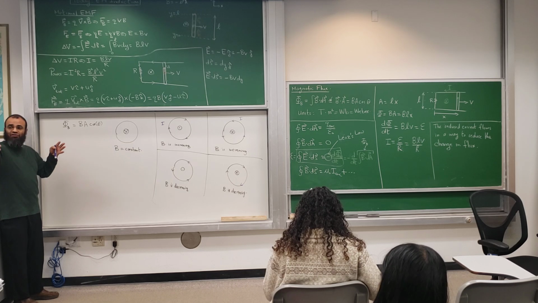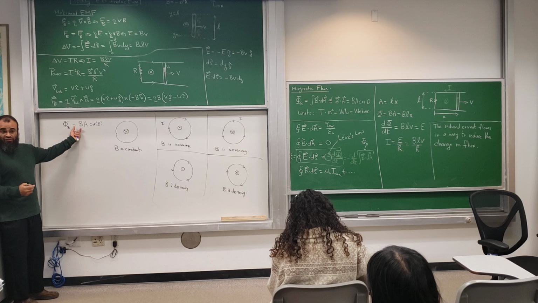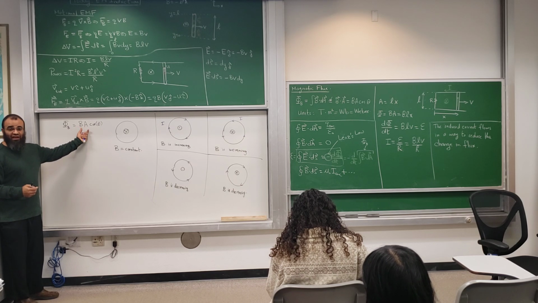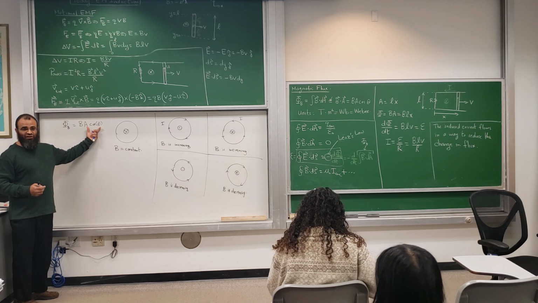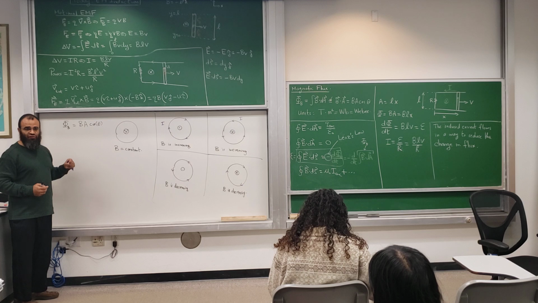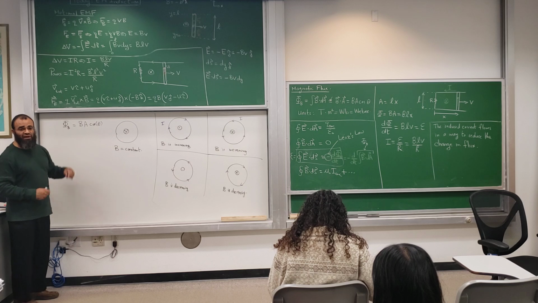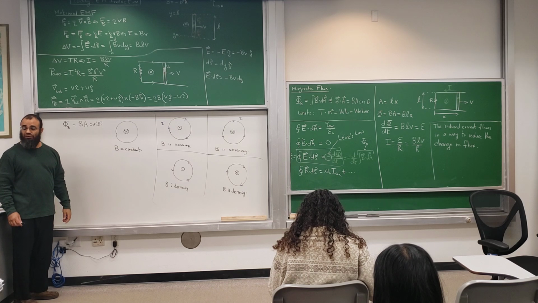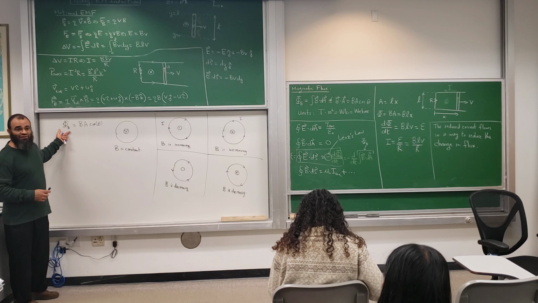The more you pulled it, the area got larger. You can push the slider in, you can make the area smaller. You can change B, you can change A, and you can change the orientation. You can change the direction of the area, or the angle between the area and the magnetic field, I should say.